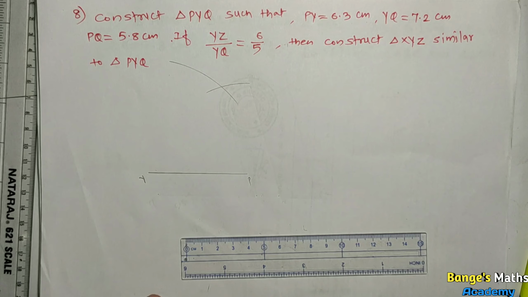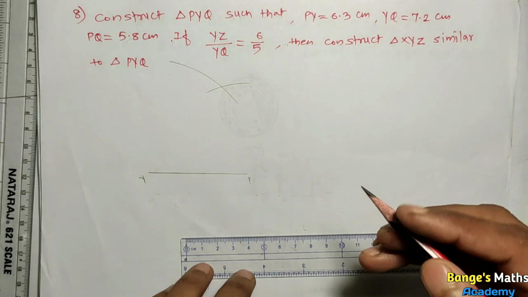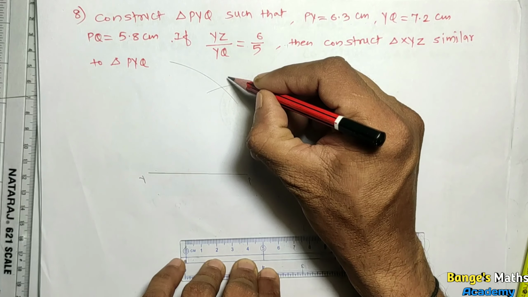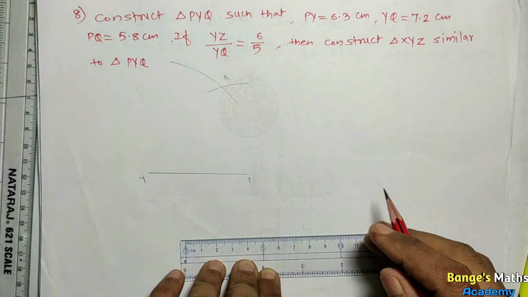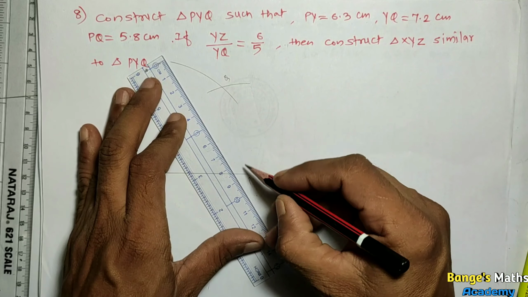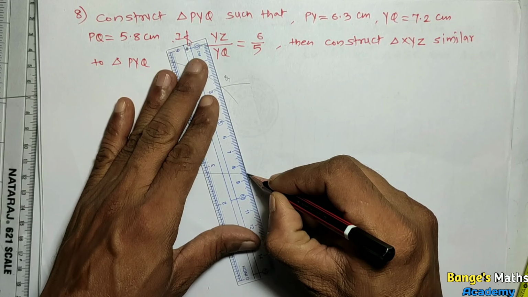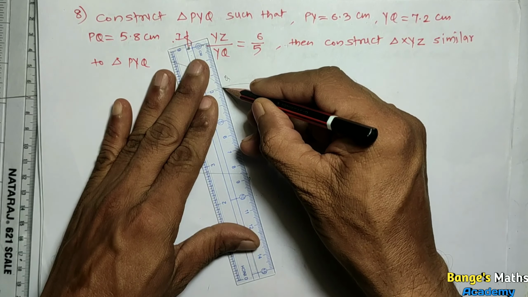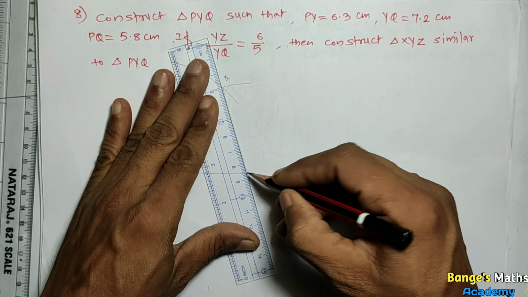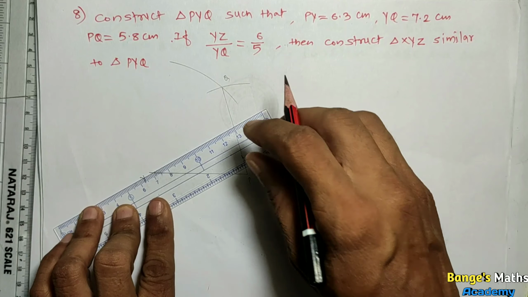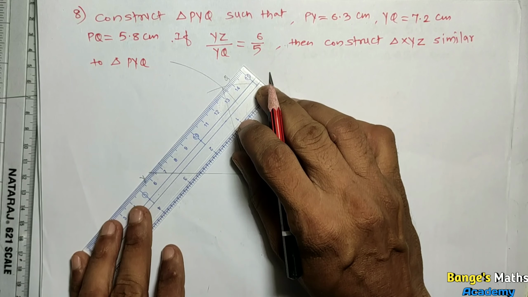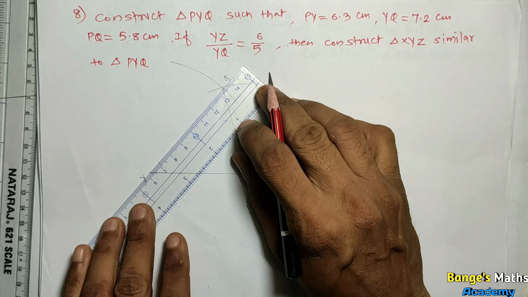We get point Q. Then join P and Q with the help of ruler. Join YQ with the help of ruler.